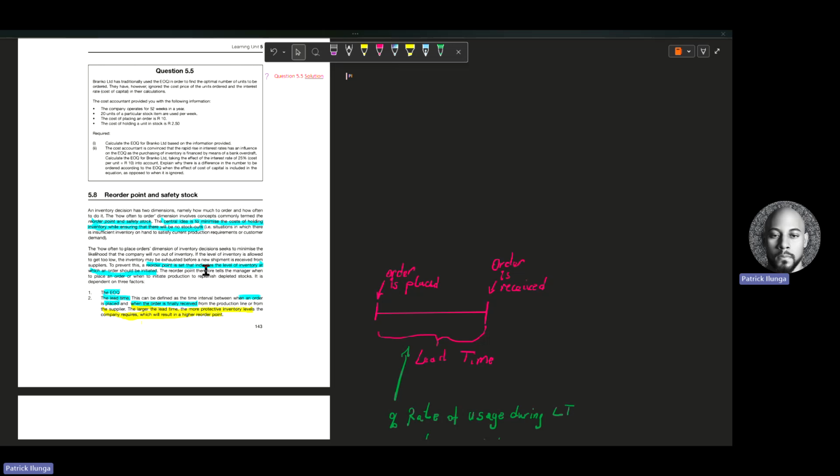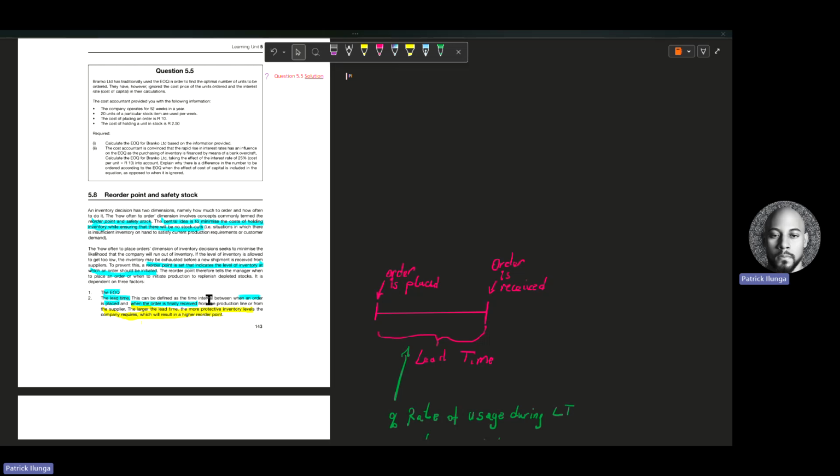You don't want to run out of inventory, but you also don't want to have too much, which is going to cost you more to hold. So we need to have a reorder point so that we are not paying to hold inventory for nothing.